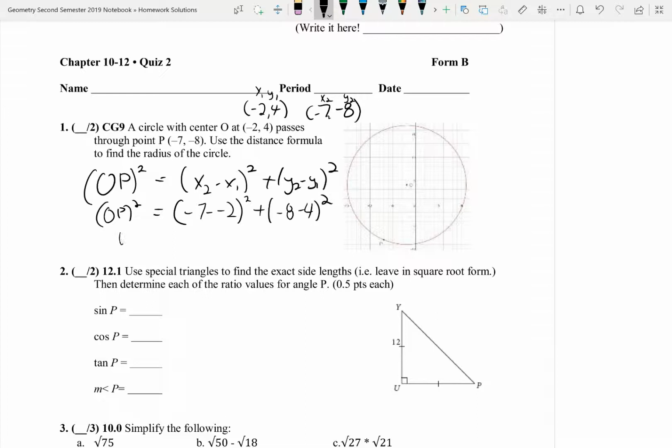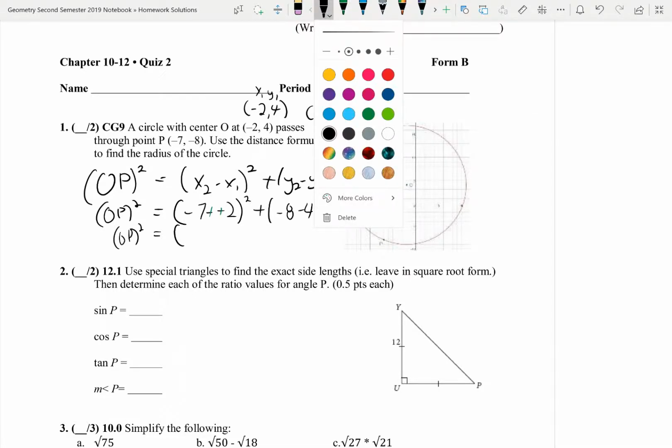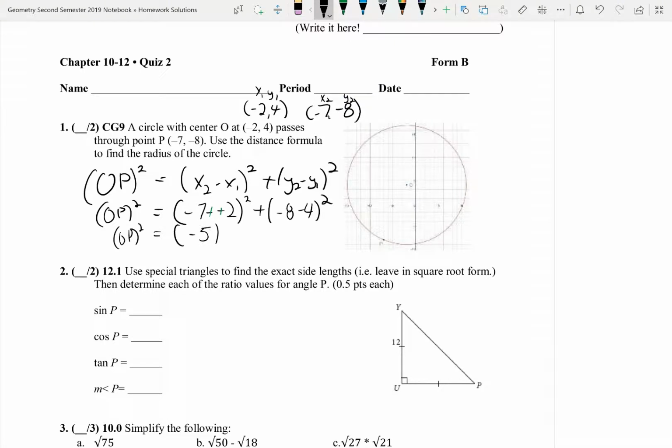Okay, so that's going to make... So -7 minus the -2, that's going to make these positive. And so that's going to make that -5 squared plus -8 minus 4, -12 squared. And so, let's see.